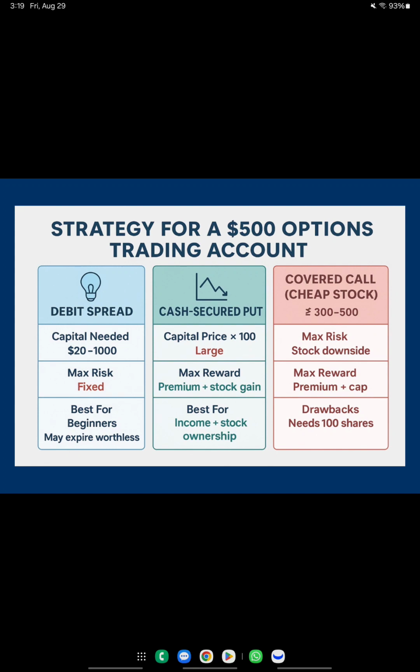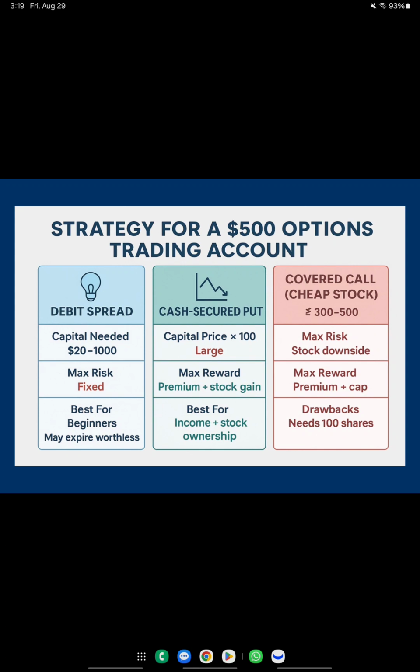You can set up several trades using the Webull tool with very small amounts of money. So for this account, the debit spread is what you want to do from the get-go.